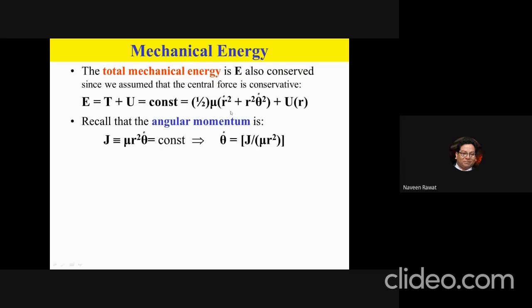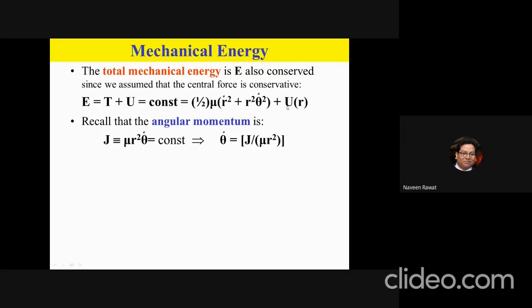So if you are using the polar coordinates again, your total kinetic energy T will be 1/2 times your reduced mass mu times this factor which comes from the polar coordinates, r dot square plus r square theta dot square. And then you can plug in a spherically symmetric potential here and solve for that particular case.